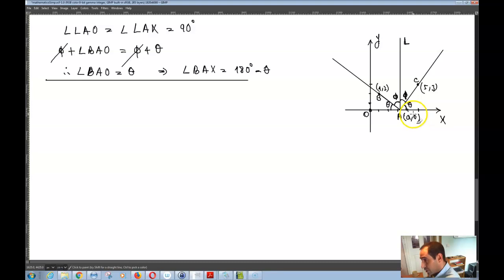Now you can calculate the tan of this angle theta. So the slope of this line AC is equal to tan of theta.